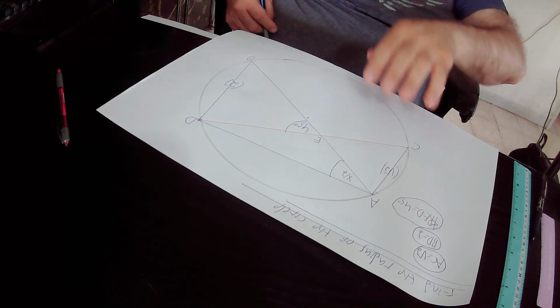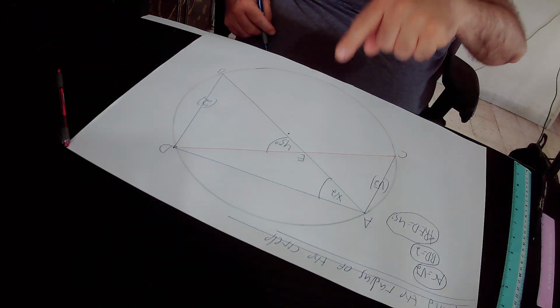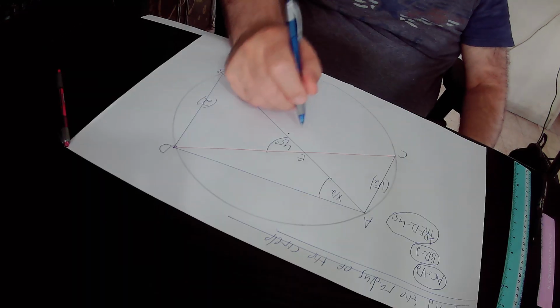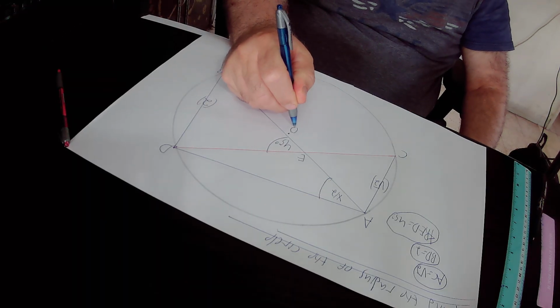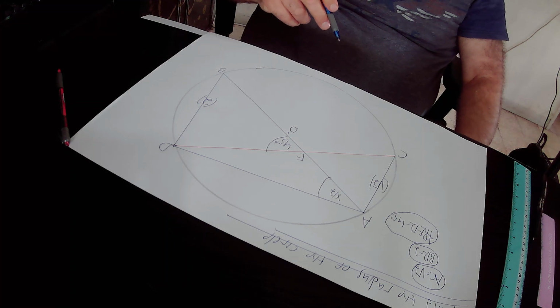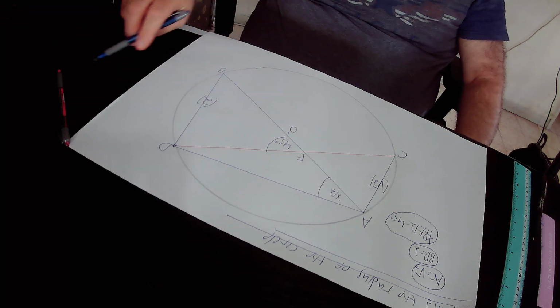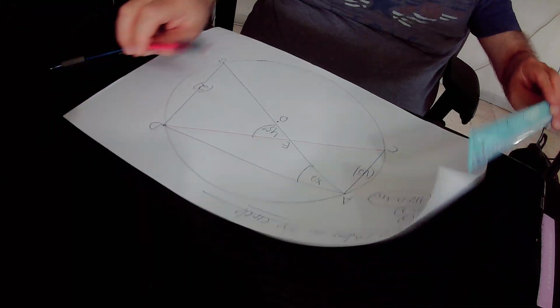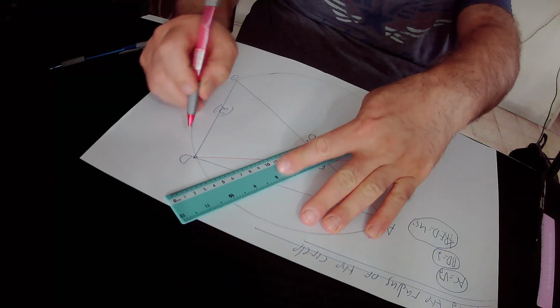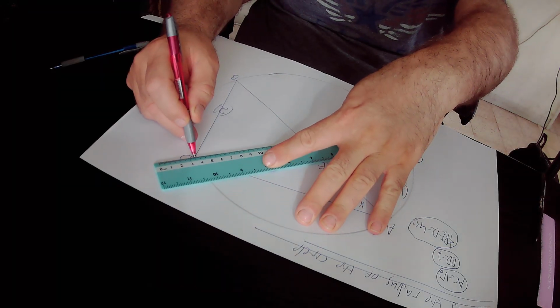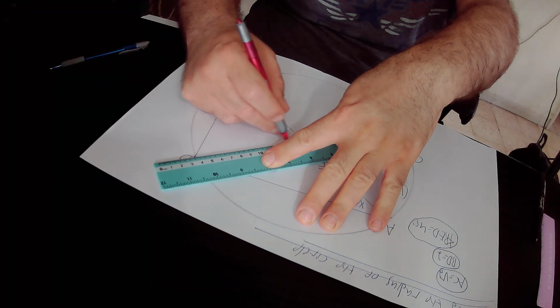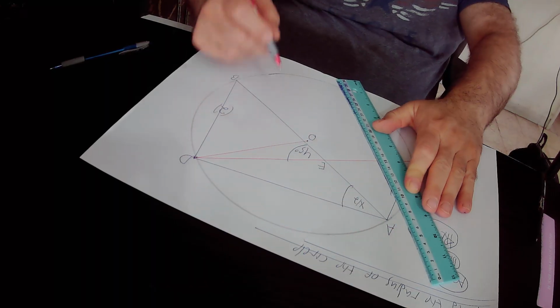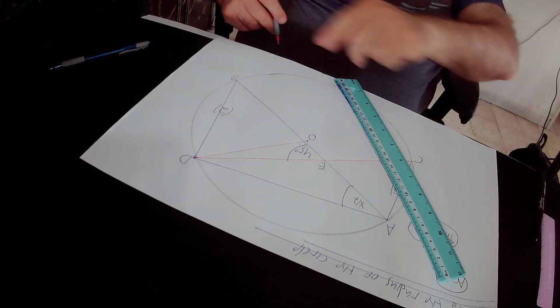In the next step, we define the center of this circle, this point, as point O. We'll join points O and D together by a straight line. We'll also join points O and B together by a straight line.